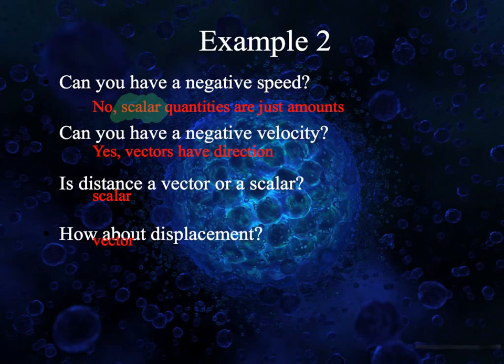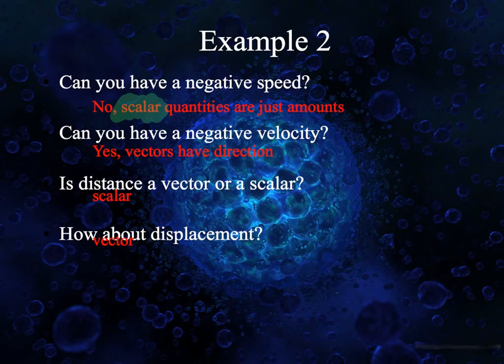Can you have a negative velocity? Certainly, because velocity is a vector and negatives give us direction. You can have a negative 4 meters per second. That doesn't mean that you're slowing down. That means that you're moving to the left or moving to the right.